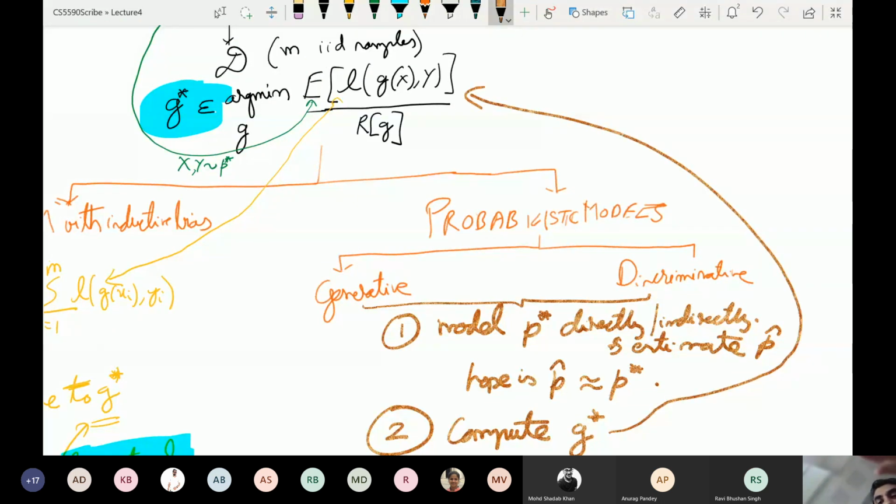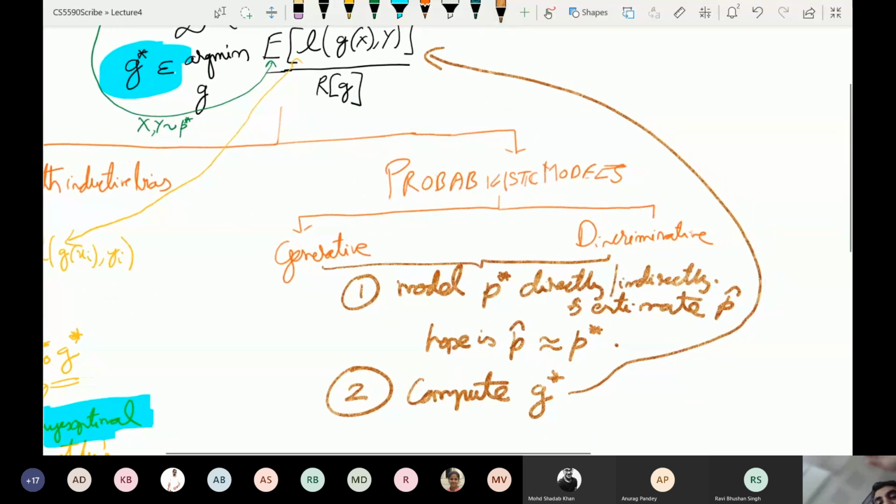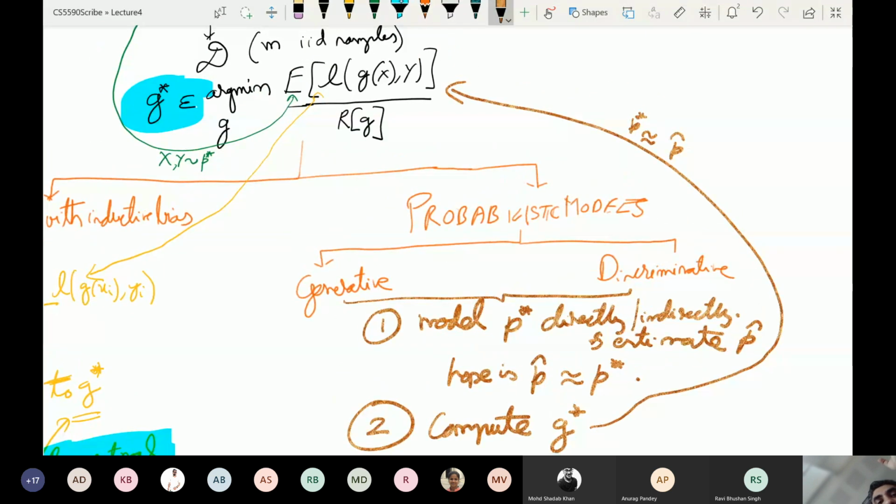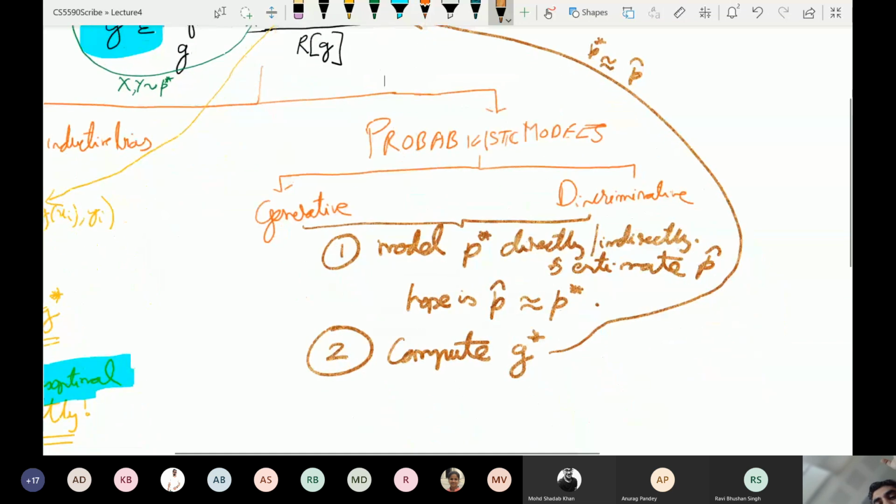And now this problem can be solved because you're basically replacing P star by P hat. If P hat is known, if the distribution is known, then this expectation, the true risk, can be computed, and perhaps you can minimize the true risk, right?